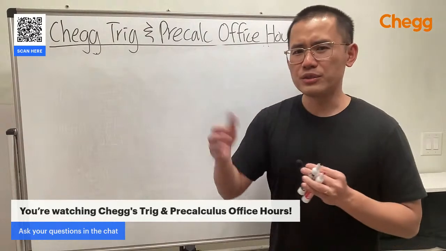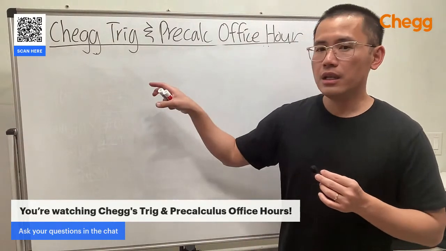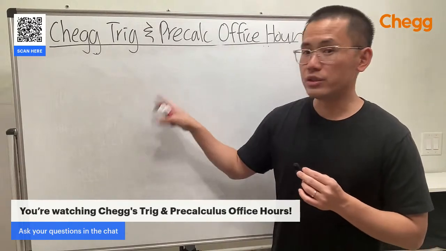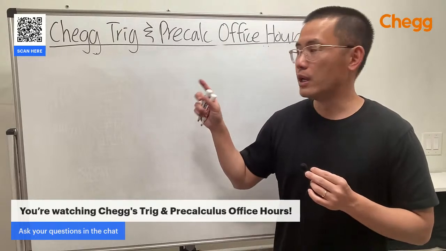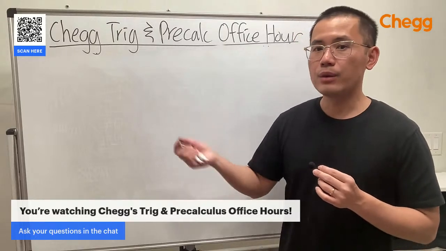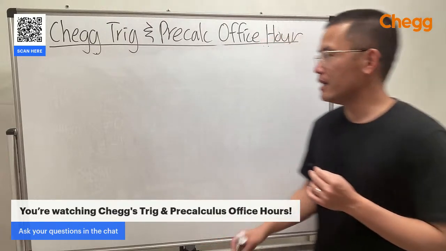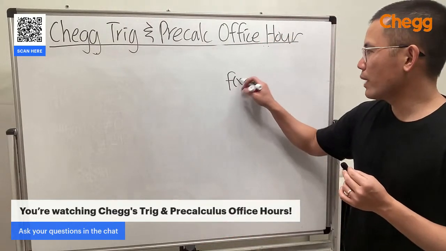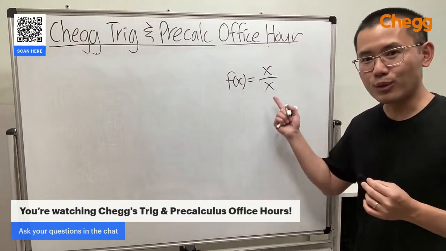Back to the question earlier, because I just see the chat. I think maybe there's some lag. If you wanted to fix that expression earlier, technically no, because you have to look for the domain based on how the function is written. It's like this. If I say the function f of x is equal to x over x, what's the domain?